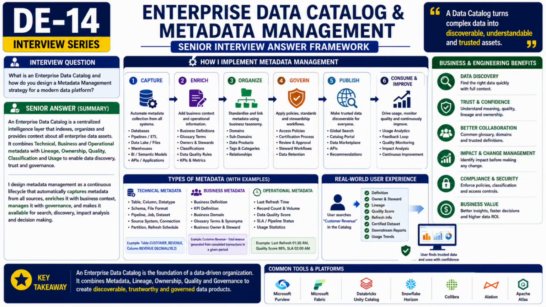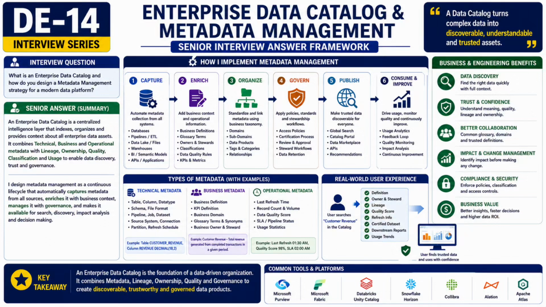Now let's quickly connect the previous two episodes, that is data lineage and governance. We asked, where did the data come from, how was it transformed, who owns it, how is it governed, right?